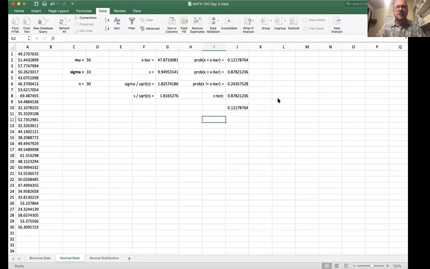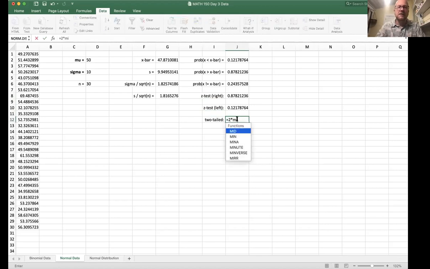And then if you want to use what we refer to as the two-tailed test, I'm going to put a little label in here to say z-test right, and then I'm going to put z-test left. Okay. The two-tailed, we're going to do what I did above equals 2 times the minimum of those two things.